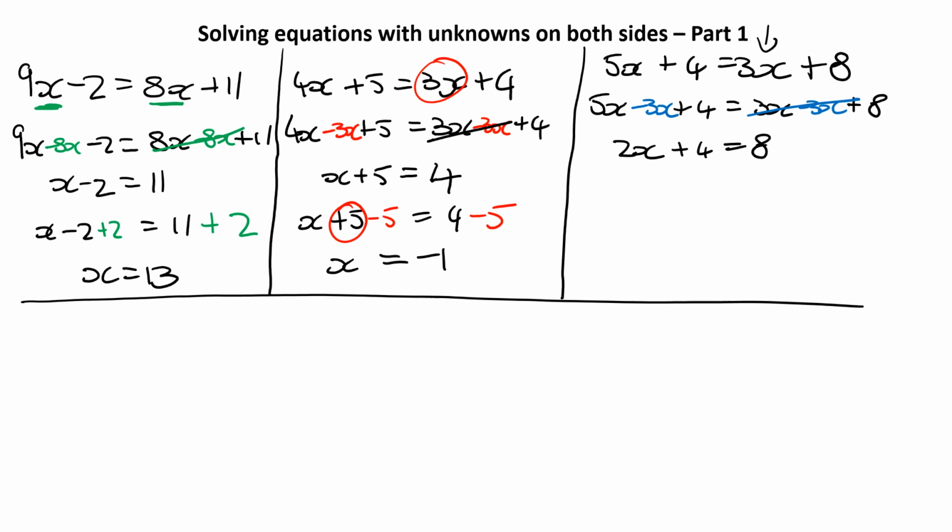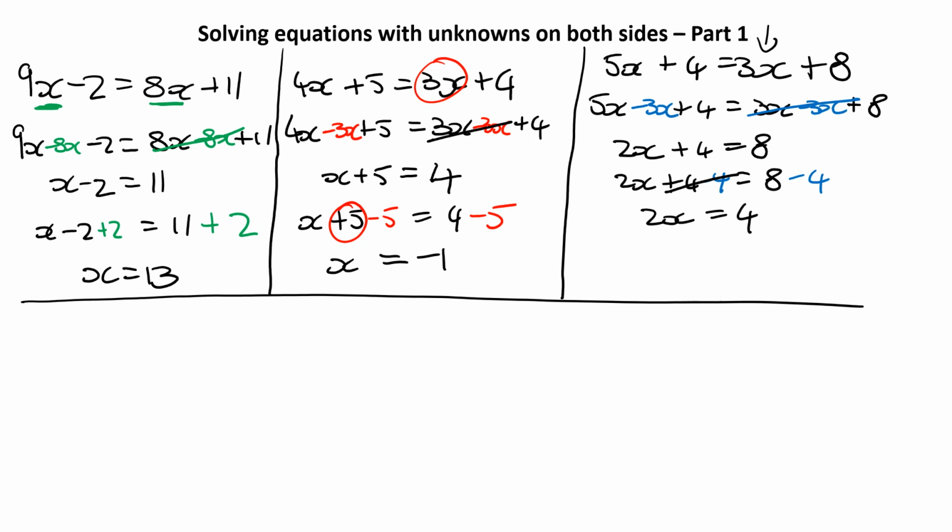To balance it, I have to subtract 4 from both sides. So I write 2x plus 4, 8, and minus 4, minus 4. That gives us 2x, that'll cancel out there, equals 4.